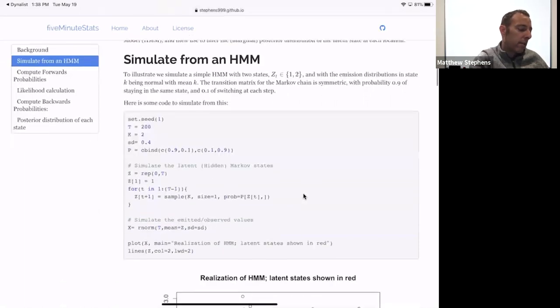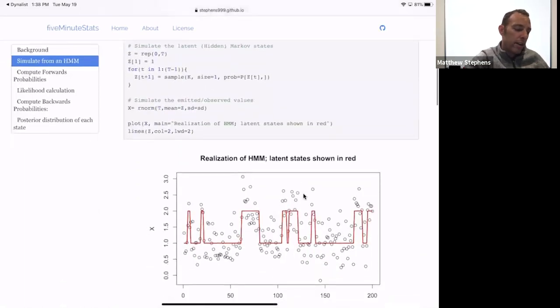So actually we can plot the data in this way. The red line here shows the Z, which we don't observe. There are 200 observations here along the x-axis. Each one either came from a normal with mean 1 or a normal with mean 2.